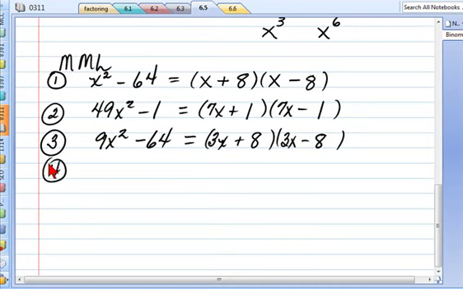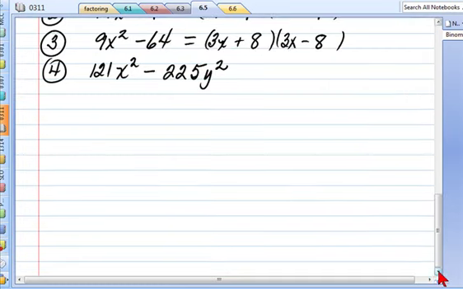All right, number 4. 121x squared minus 225y squared. There's not a common factor. Is it the difference of two squares? Yes. Okay, may not have left myself enough room to write.